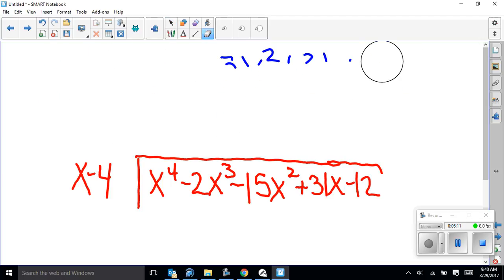And it's always good to just double check to make sure that our polynomial has all of its pieces. So we have x to the 4th, x cubed, x squared, x's, and the constant on the end.